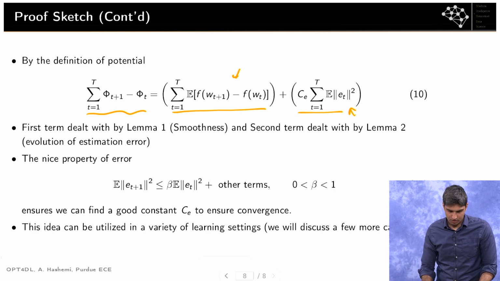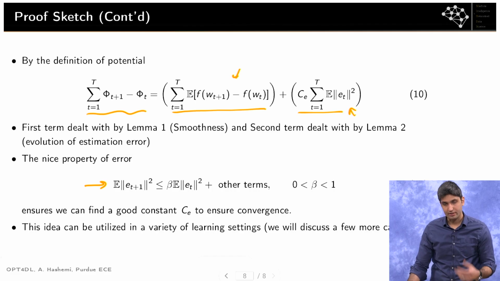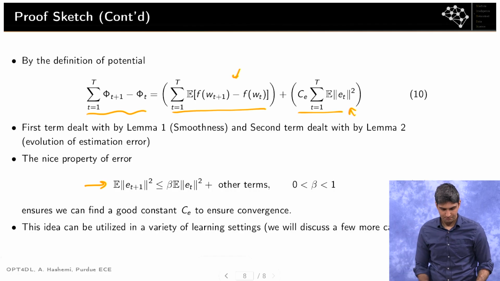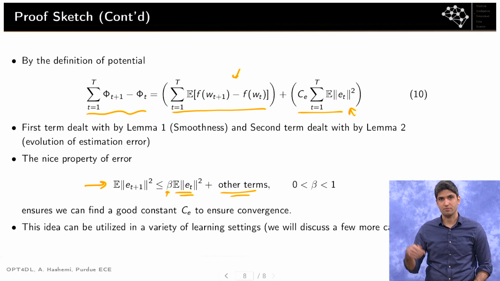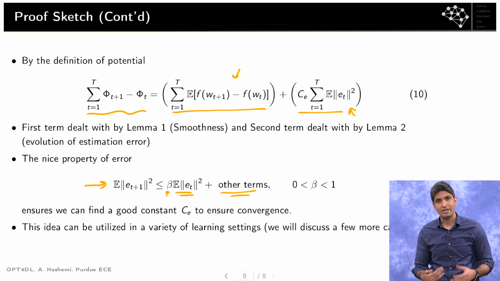The second lemma in particular established that the error evolves in a very nice way, such that the error at one time is some constant which is strictly less than 1, very crucial, times its current version plus some other terms. So this nice property, that the next version of my error is a constant less than 1 times the current version plus other terms, is something we can leverage to establish a nice bound on our convergence error by finding a good constant C_e.